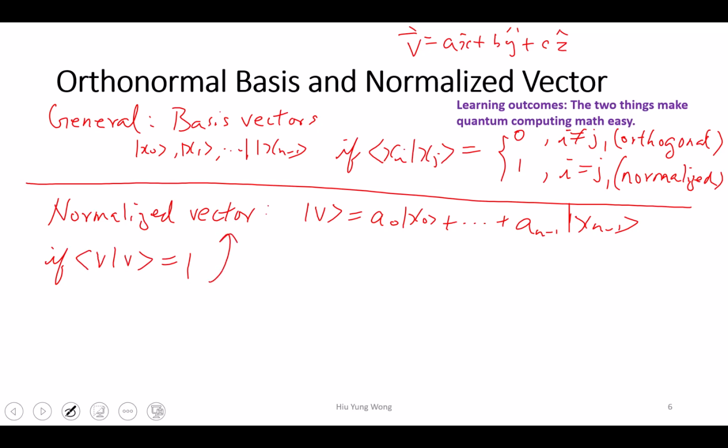That's nothing special. It's basically like in 3D, a dot a equals 1, then its length is 1. But why is this important in quantum computing or mechanics?